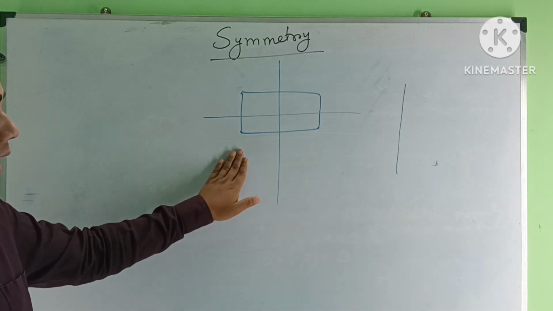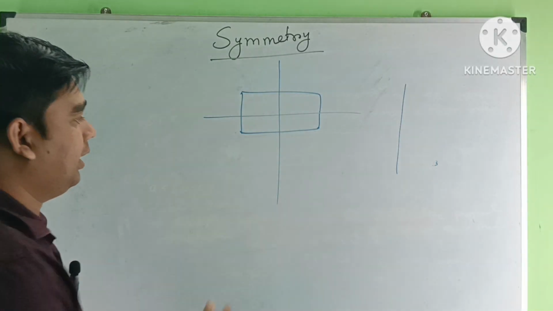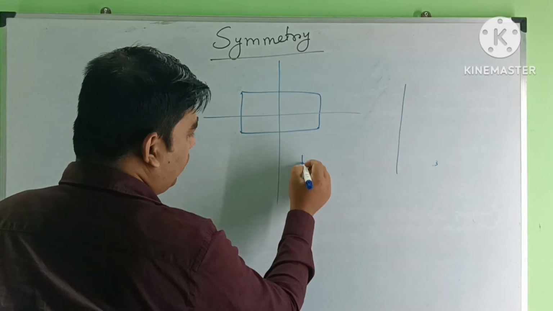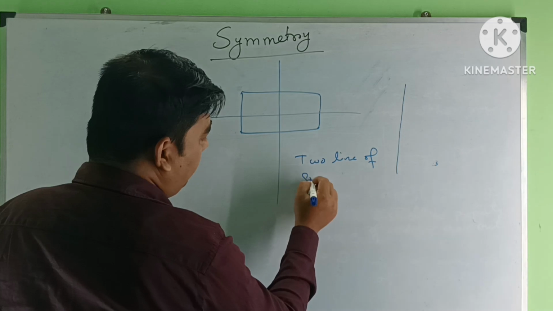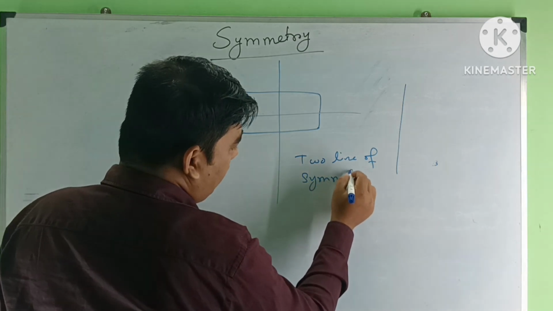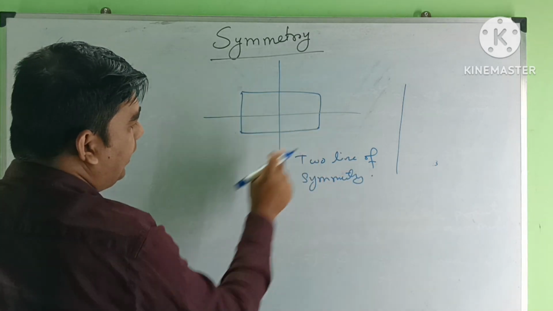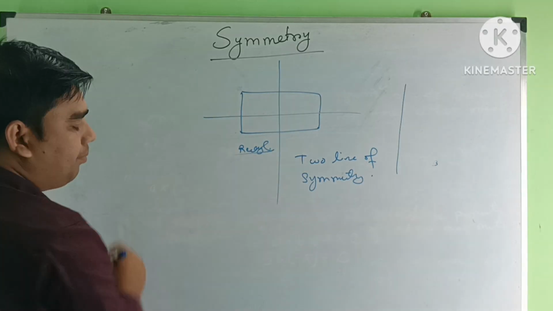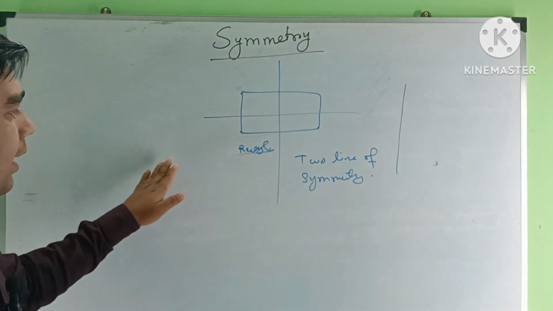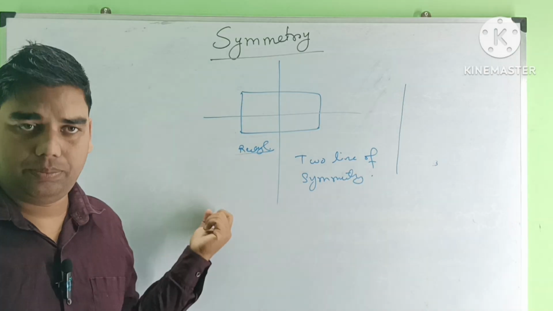So in this rectangle, how many lines of symmetry are there? Two lines of symmetry. One line and two lines. So this picture is a rectangle. The question is given: for a rectangle, how many lines of symmetry?